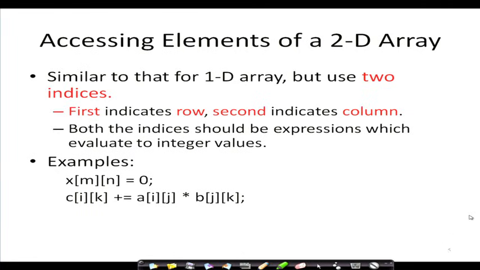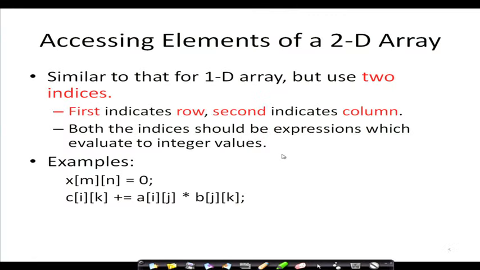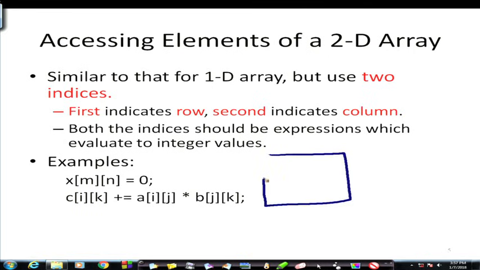Similarly, I can do operations like this. What does this mean? Let us try to understand this. This means I am referring to 3 different 2 dimensional arrays. One is A, which has got some rows and columns, and there is another array.